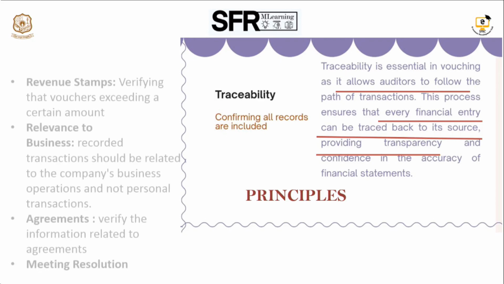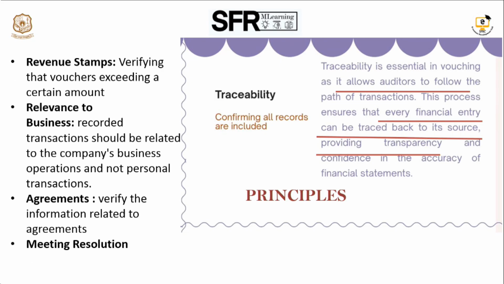There should be no hide and seek work, and if any transaction exceeds the limit, that is, if the amount is specified as 5 lakhs and an amount above the specified limit is transferred, that should be verified with the proper stamp. So here the transparency is made with the verification of the revenue stamp.